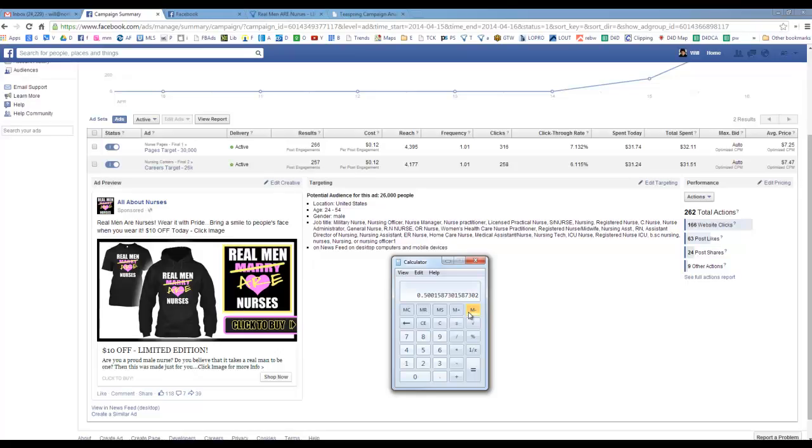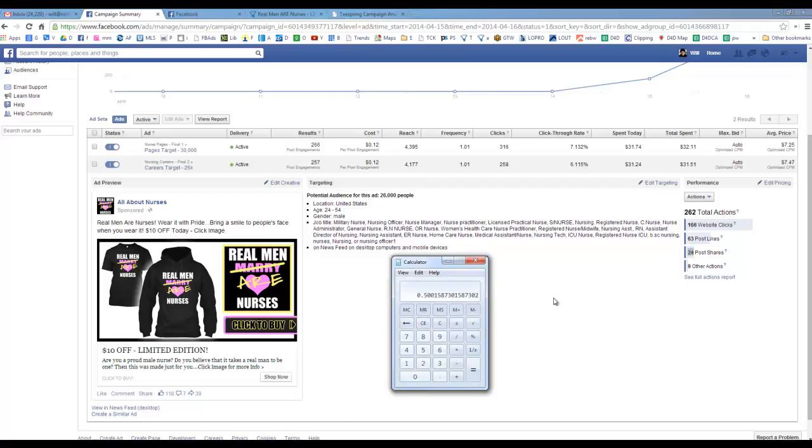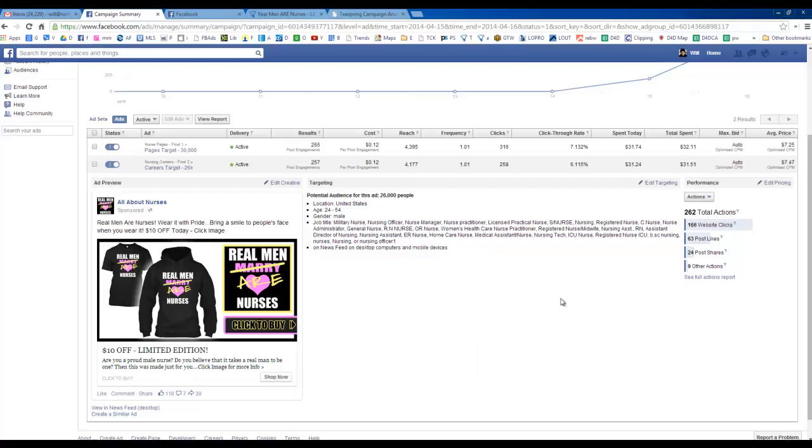That's expensive. That's really expensive. I mean, we're making sales, right? We're getting a lot of engagement. I mean, here we've got 24 post shares. I think that's probably what's saving our butt on this campaign. And we'll take a look at the analytics here in just a moment to break that number down even further. But just remember, 50 cents a click to the website on this one.